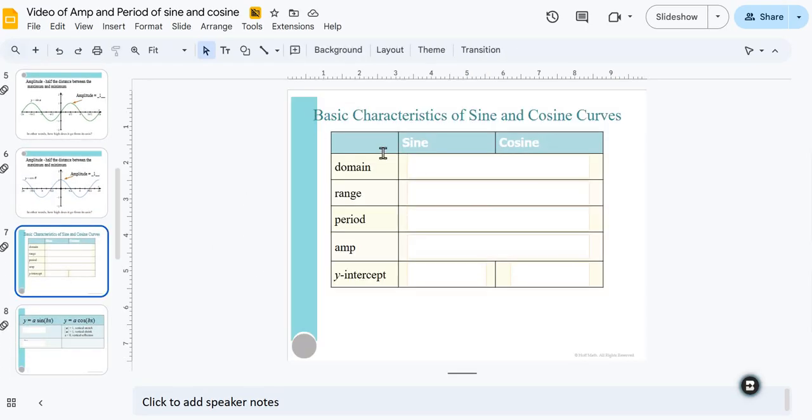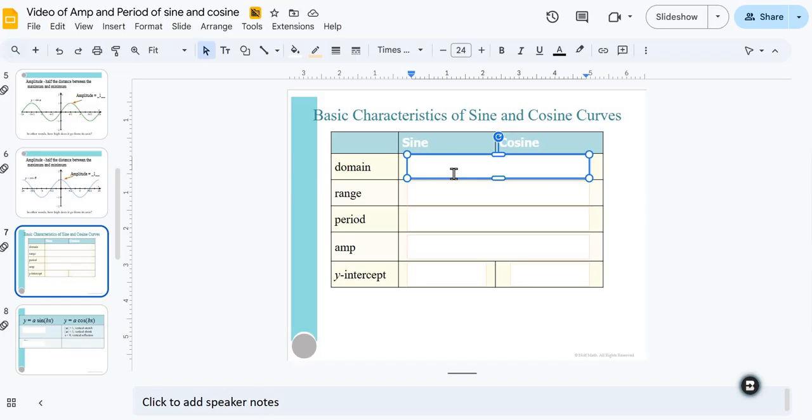Now let's try to put together some of what we have talked about for sine and cosine, just some of our basic characteristics. You're going to fill these in as I fill them in on mine. Our domains, remember domain is what our x values are. So our x values are what we're allowed to plug into our function. And for sine and cosine, we are allowed to plug basically anything in.